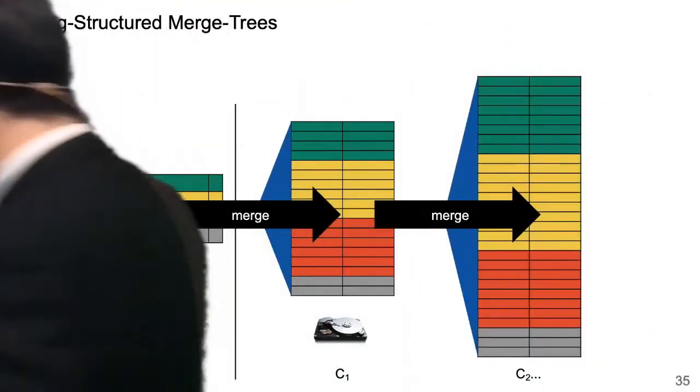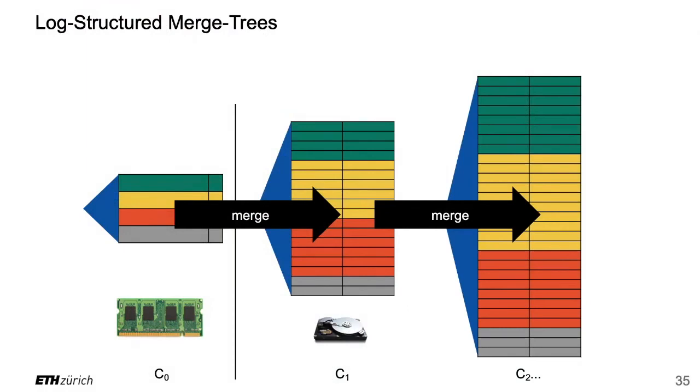Okay, so the way it works on an abstract level is that the data is organized in a hierarchy of structures as opposed to a single structure. First we have what is in memory, then we have what has been flushed to disk.